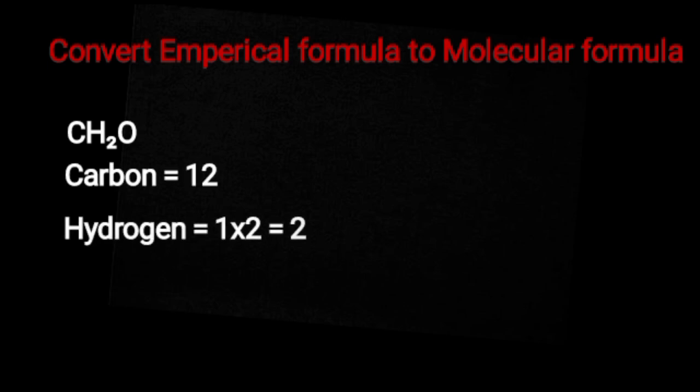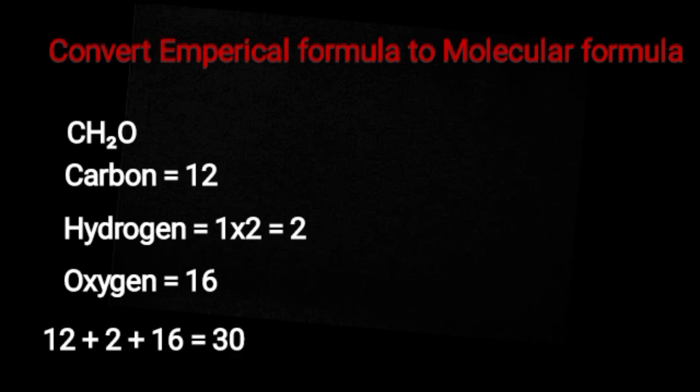For instance, in this formula we have carbon, which has a mass of 12, and hydrogen, which has a mass of 1. When you multiply it by the two hydrogens we have, you have 2. Meanwhile, oxygen has a mass of 16. So when we add all of the atoms in this empirical formula, we are going to have an empirical formula mass of 30.